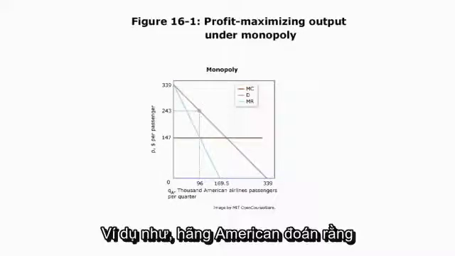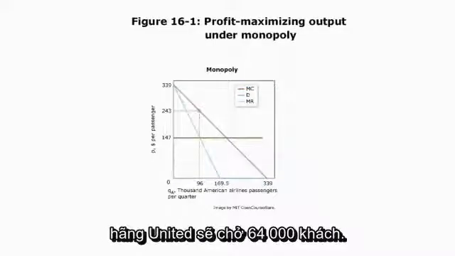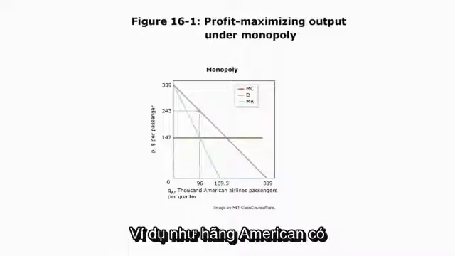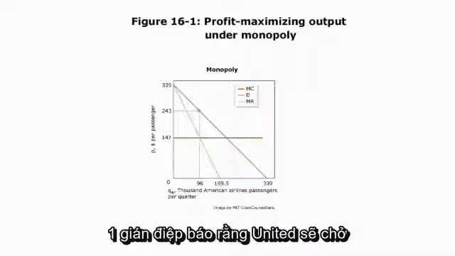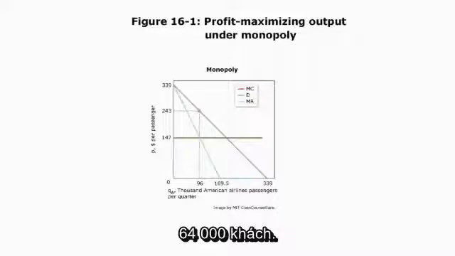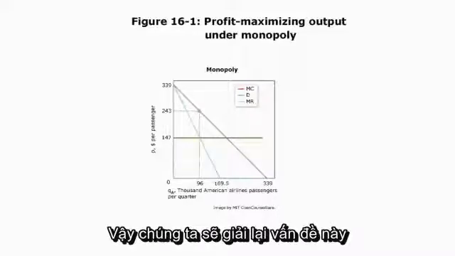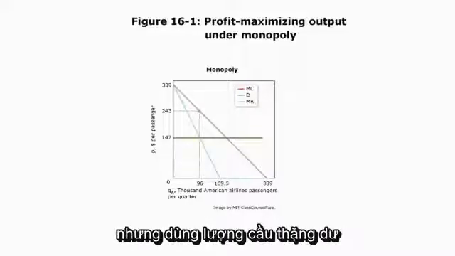Okay? So for example, let's say that American just guesses that United will fly 64,000 passengers. Let's say American says, look, I got some corporate spy who's told me that United will fly 64,000 passengers. So what you want to do is resolve the problem by using residual demand.